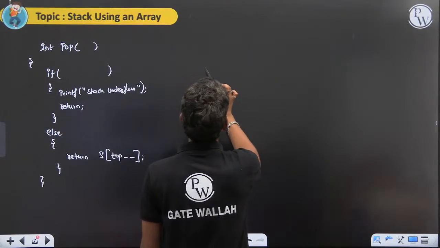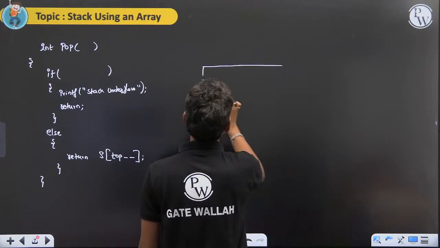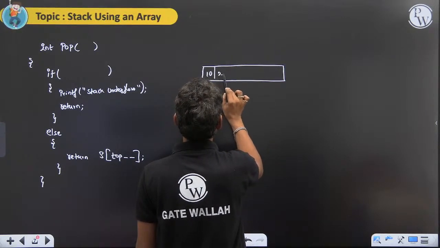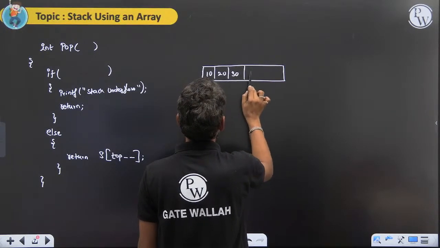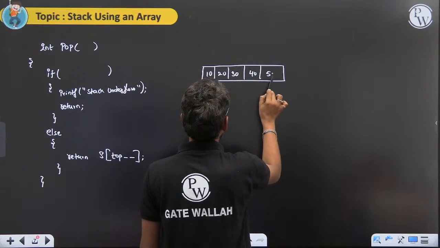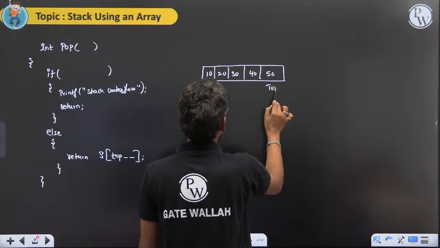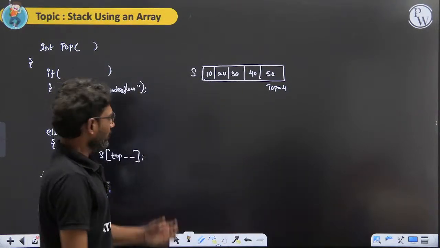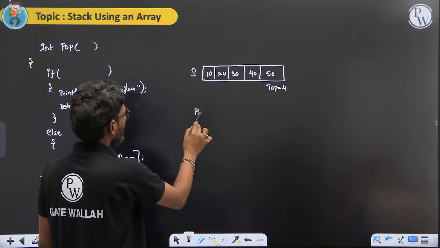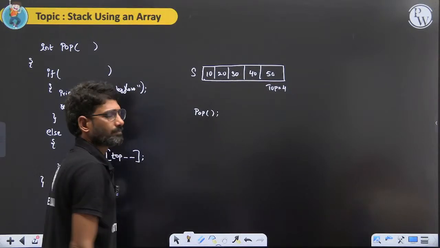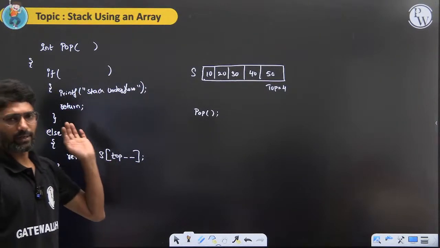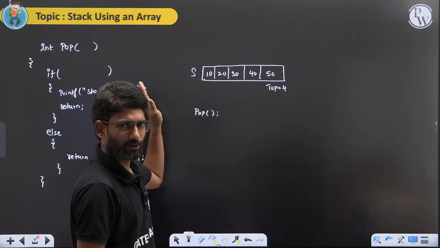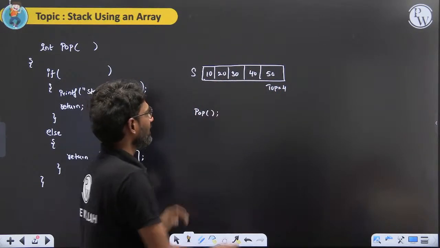So, I am having 5 values: 10, 20, 30, 40, 50. Top value currently 4. Now, when I call pop, I know it is not empty. So, return S of top, and then top will be decremented.